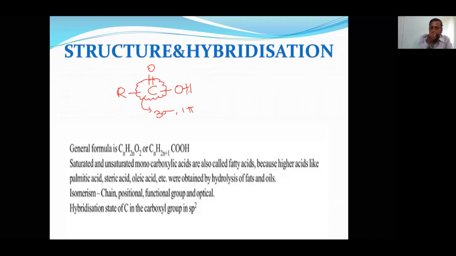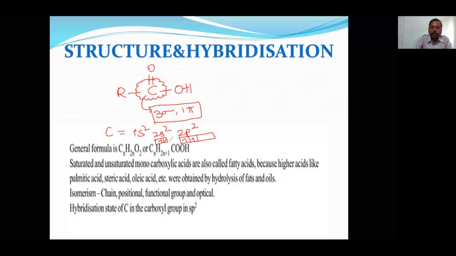So that means we should provide four unpaired electrons. Carbon is 1s2, 2s2, 2p2. As of now it has only two unpaired electrons.